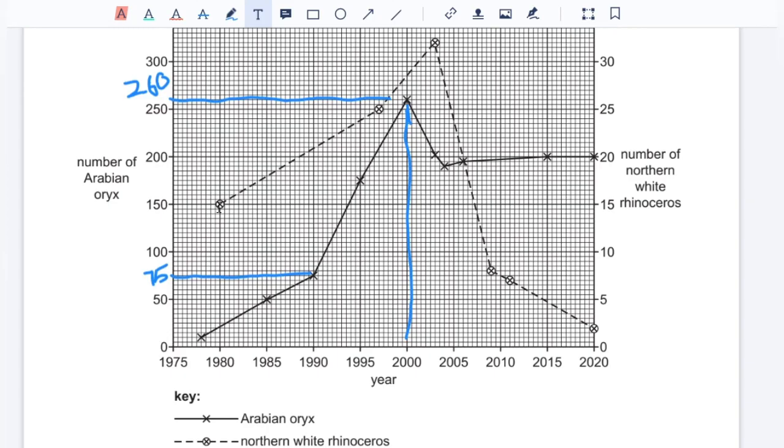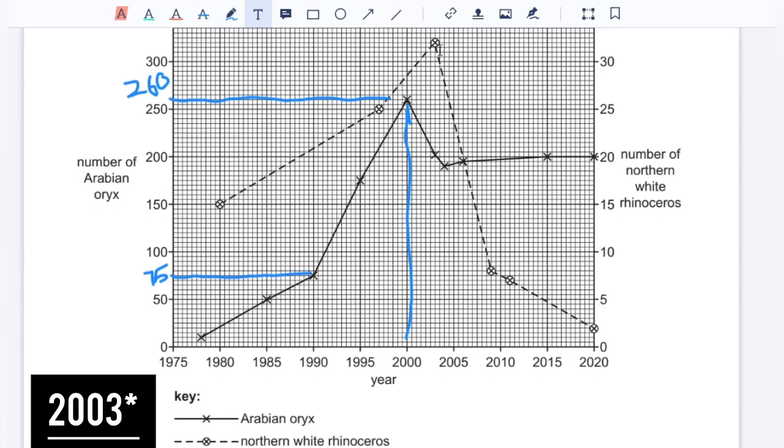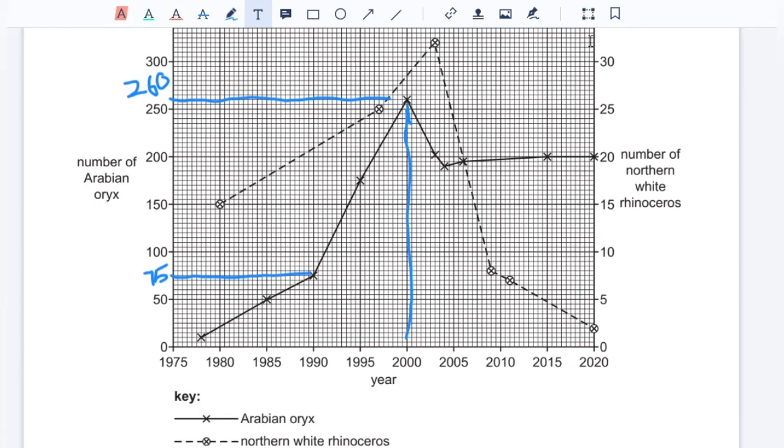You can see that the number of rhinoceros is going to increase from 15 in 1980, and it's going to peak in around 2000 at the figure of 32. And then the number of rhinoceros is going to decrease from 32 in 2003 to the final number of 2 in 2020.